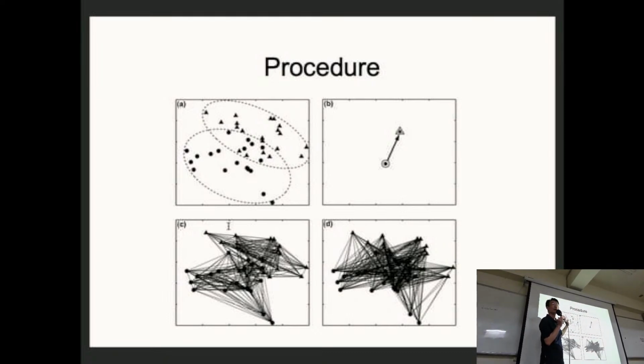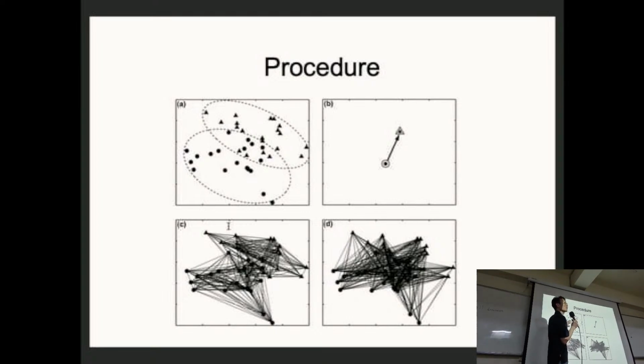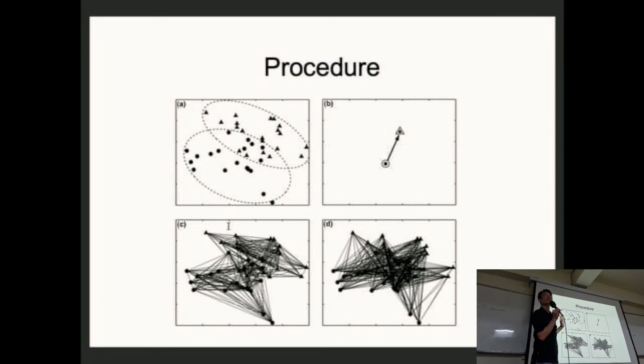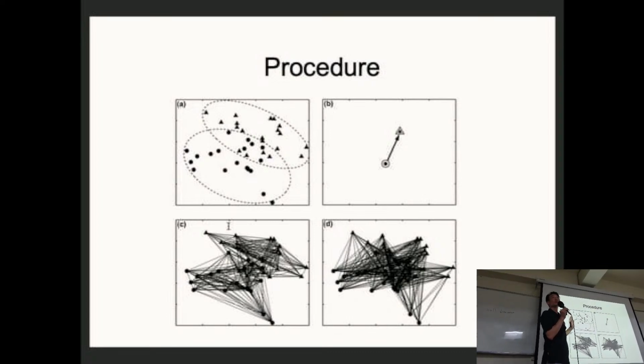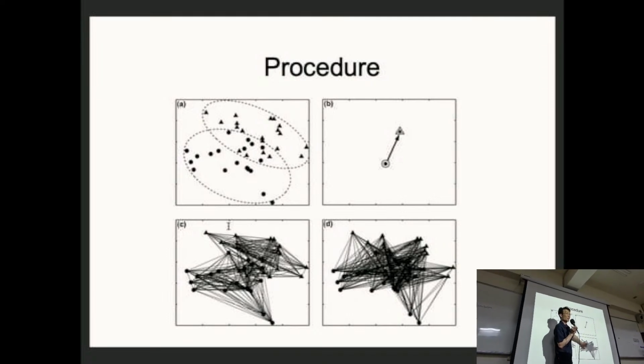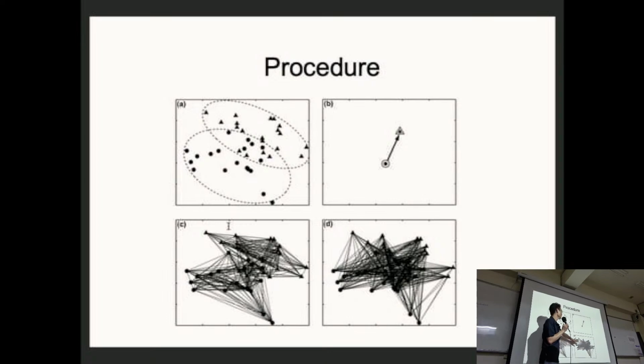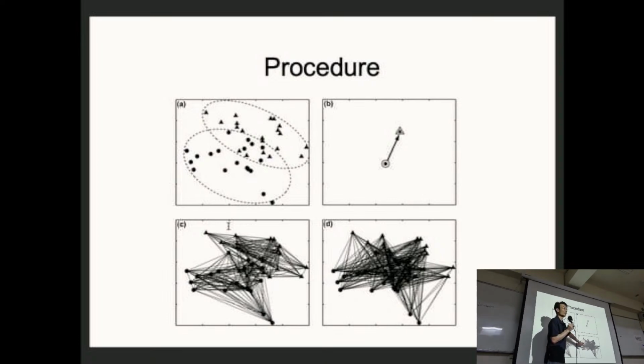If there's no difference, you then calculate the ratio between these. So this is very much like ANOVA: the variance within and the variance between. If you calculate the ratio of these two and the variance between is large, it means the distance between triangle and circle is very large.